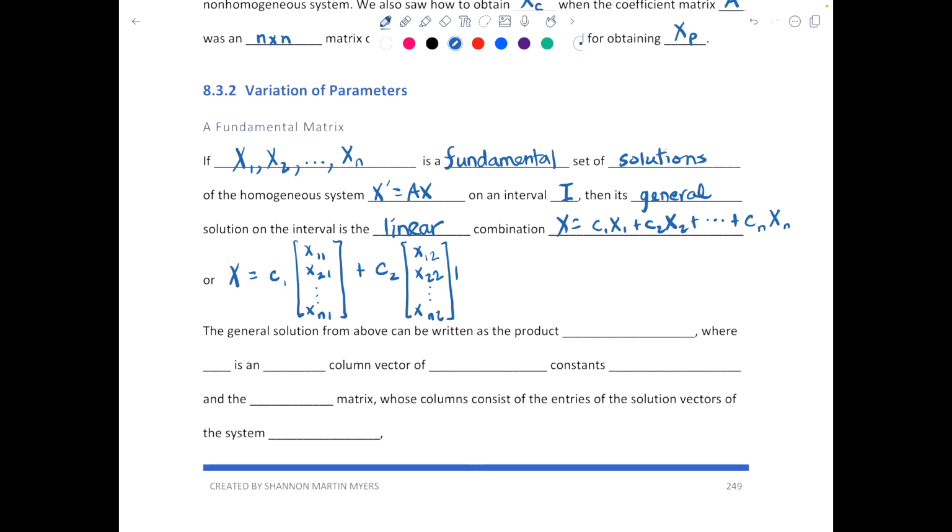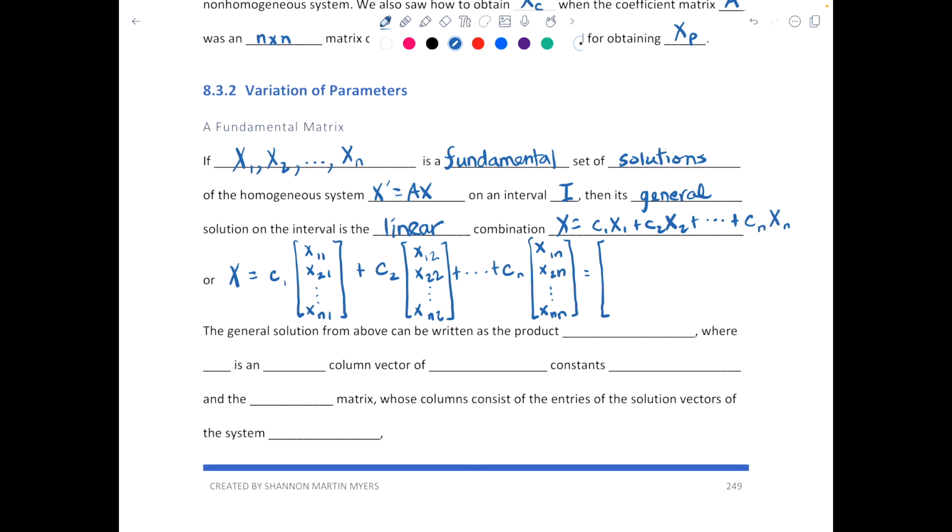We would continue until we got to cn times x1n, x2n, all the way down to xnn. And this in turn also equals, if we write it in terms of one happy matrix, even though it's going to look very wide, it's really just one column. So it'll have n rows, one column, and we would just add each of these.